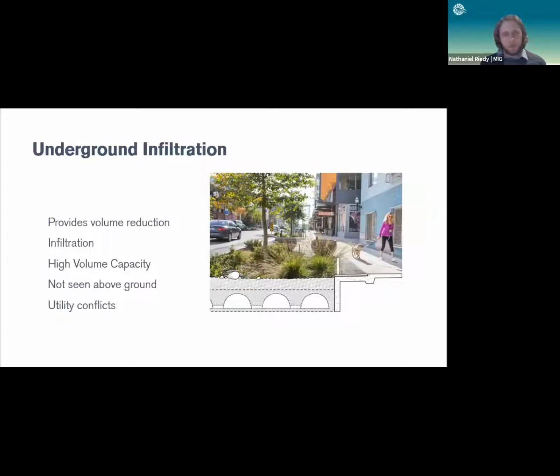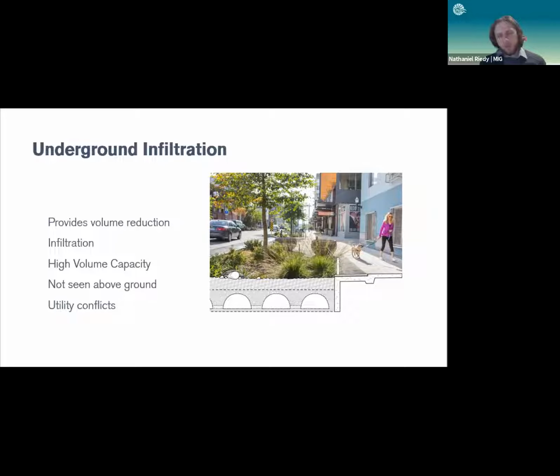The next option here, which could be combined with permeable pavements. They could be located under the permeable pavement. They could actually be located under conventional pavements as well, but would be underground infiltration facilities.